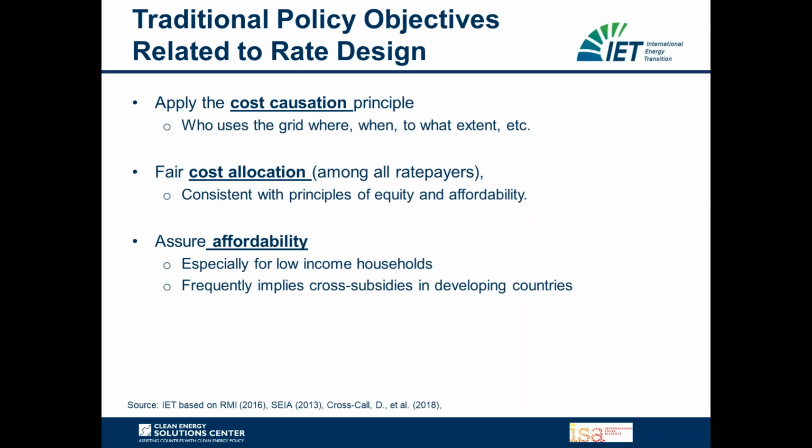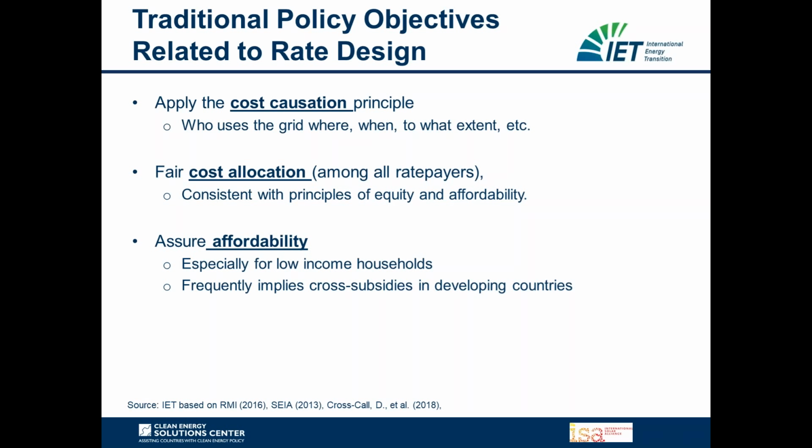infrastructure. What is also very important, especially in many developing countries, is of course fair cost allocation among all ratepayers. And here fairness does not only mean that it should be in line with the cost causation, but it should also be in line with the ability of different consumer groups to pay. So that should be consistent with the principle of equity and affordability.